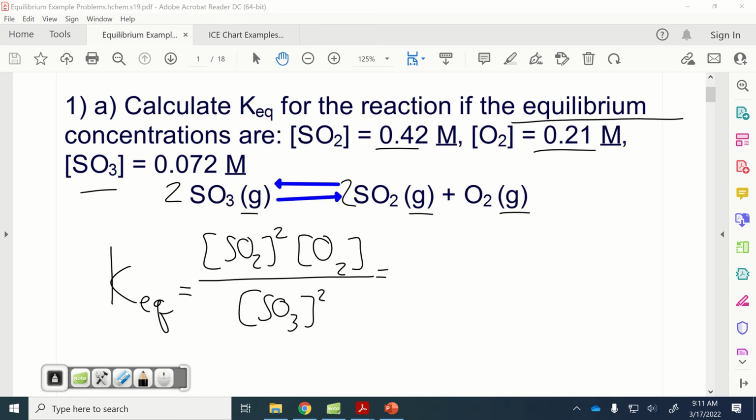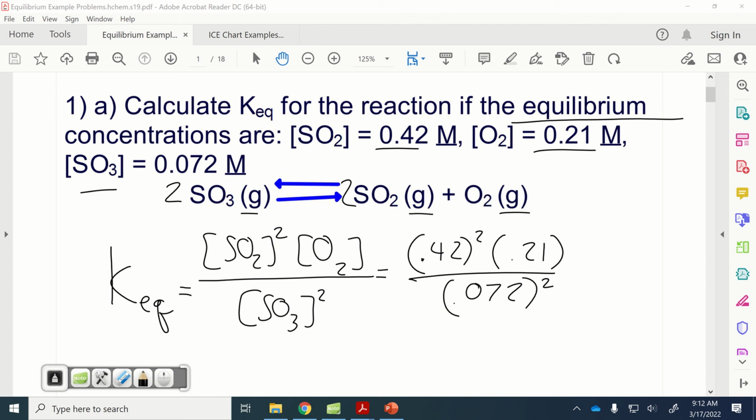So this would be SO2 is 0.42 squared times O2 0.21 divided by 0.072 squared. And since this is in molarity, basically everything does cancel. K is just, we don't have any units at the end with it. Even though it looks like you might have a molarity left over, there are no units in the end.